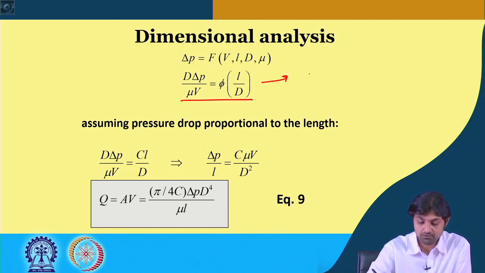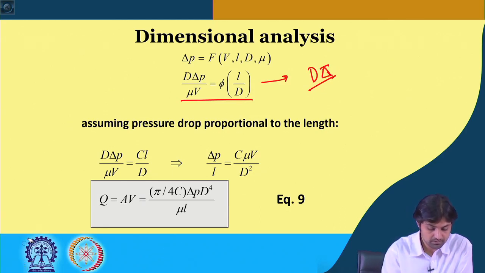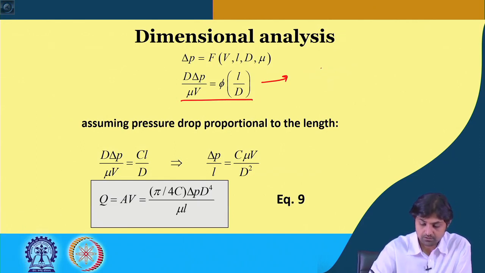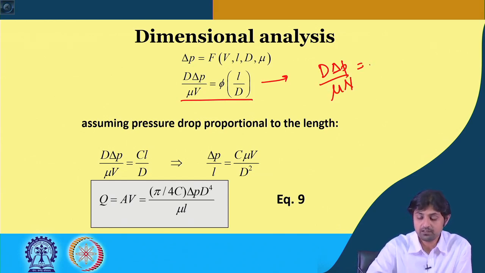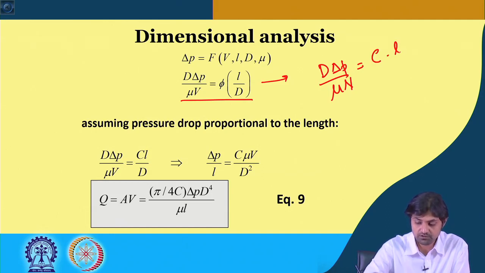So D delta p by mu V is some function of L by D, but we say proportional to the length, so we write constant C into L by D, this equation.